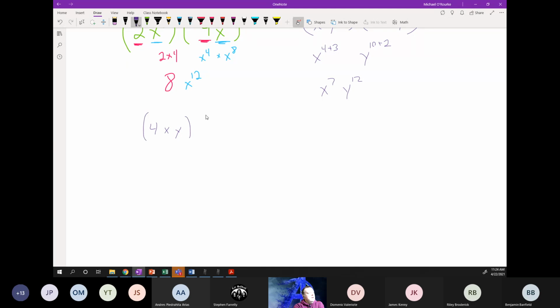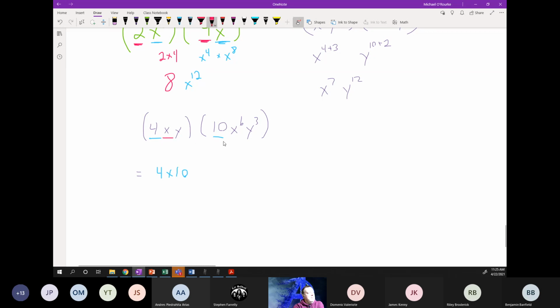4xy times 10x to the 6 y to the 3. x to the 7 y to the 4. Perfect. So that's going to be 4 times 10.